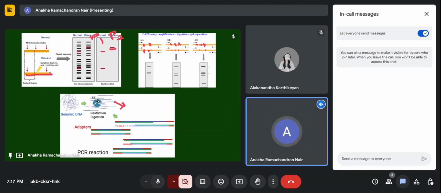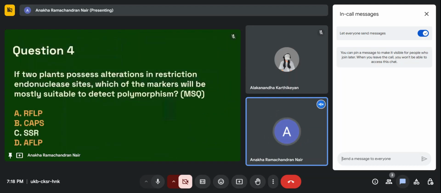But if supposedly in this place here and here EcoRI sites were there, but due to some polymorphism only here it is there, so only a cut here will be noticed, so again you will get different bands, right? So in each of these ways you can detect polymorphisms, right?